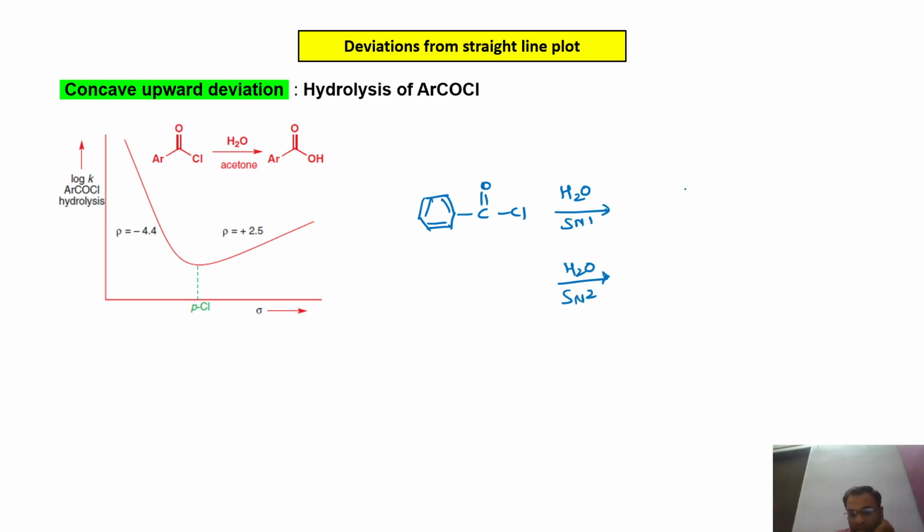In the SN1 type of mechanism, this is the substituent which is substituted at the meta or para position. This is the formation of an acylium cation, or we have a tetrahedral intermediate, that is the SN2 type of mechanism.